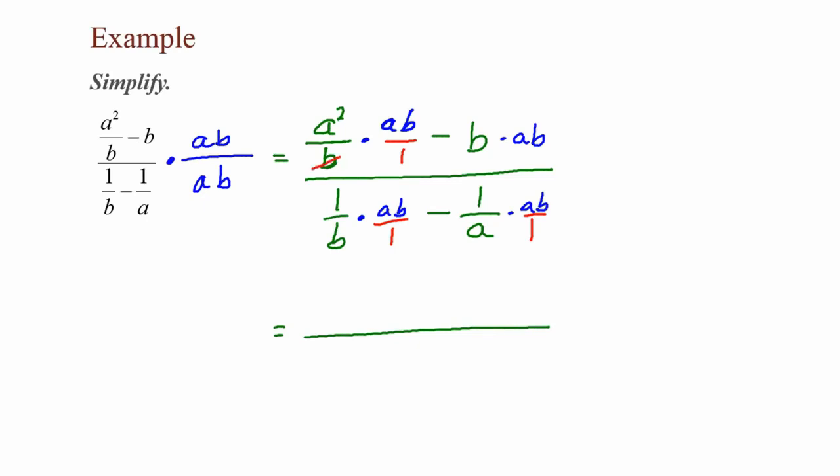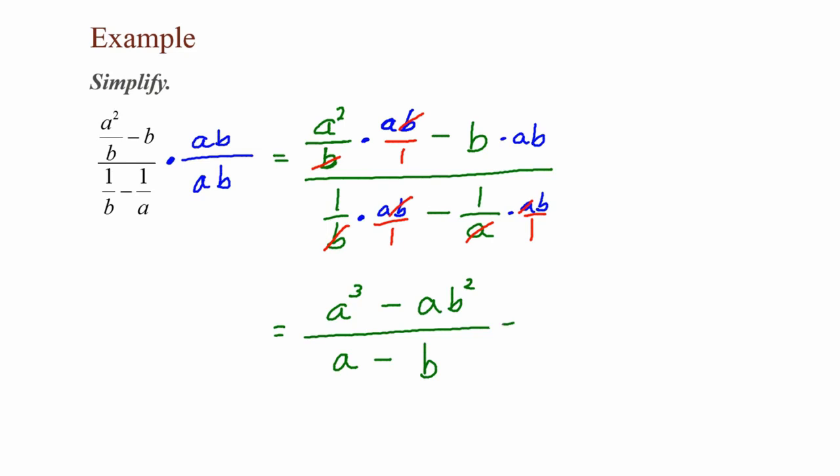The b's cancel. A squared times a is a to the third minus b times ab is ab squared. For my denominator, I have 1 over b times ab. The b's cancel, and 1 times a is a minus, I have 1 over a times ab. The a's cancel, and 1 times b is b.